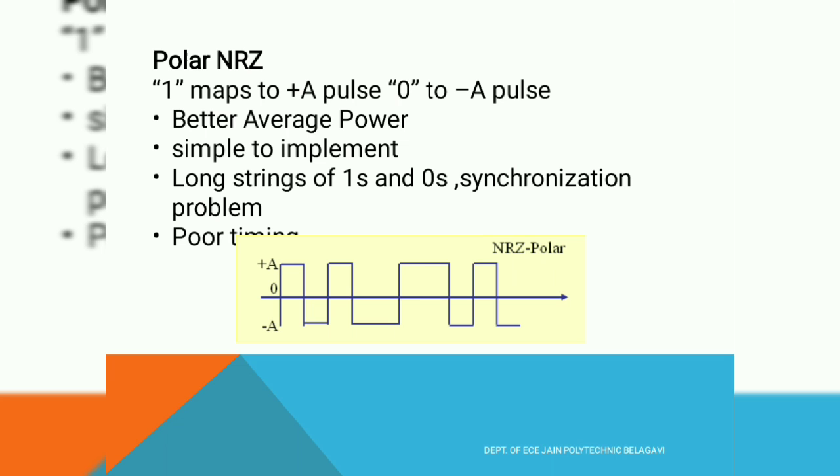You are showing the signal on both sides, so the amplitude matters here. If the transmitted data is 1, it is represented as plus A volts. If symbol 0 is transmitted, it is represented as minus A volts. The advantages are better average power and simple implementation. Again there is a synchronization problem with long strings of ones and zeros, and also poor timing.